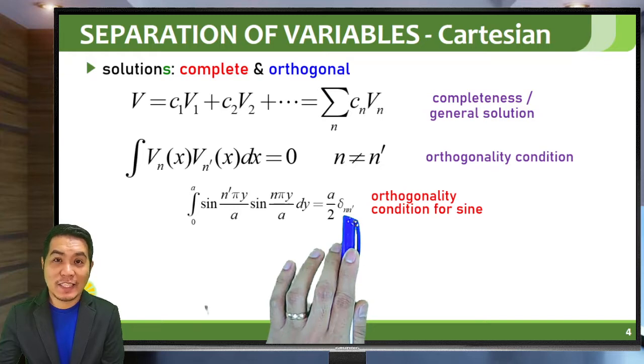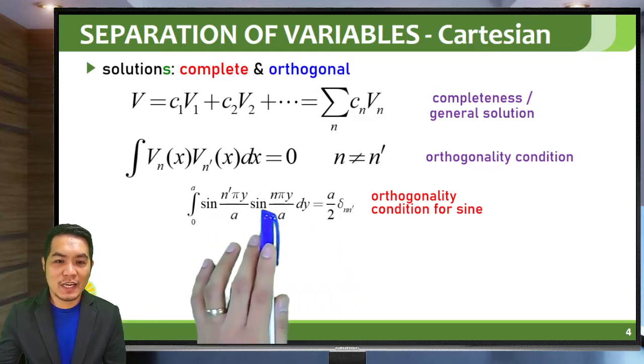Sorry, a Kronecker delta here. A Kronecker delta can have a value of 1 or 0. This is 1 if n is equal to n prime. This is 0 if n is not equal to n prime.